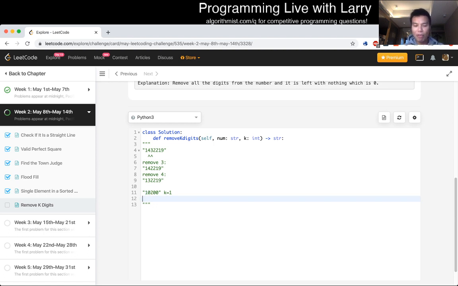But then what happens when it's not decreasing, like this, and then 5 or something, and your k is equal to 5? You remove 5 digits, so you definitely want to remove these 5, and obviously you remove this one first, and then it'll be 4, 0, and so forth, and maybe that still works.